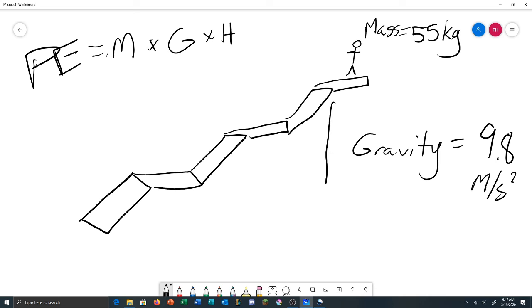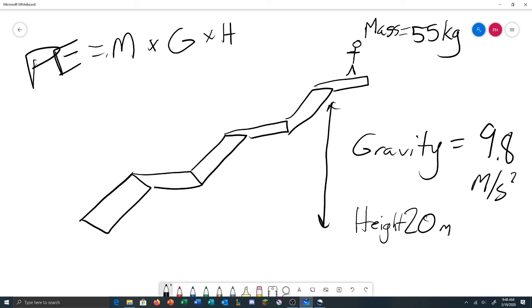Think about it. Height here, let's just say that they're 20 meters off the ground. So 20 meters is about 60-some feet for those of you living in the States. Now, you're 20 meters off the ground as your height. How does that relate to our equation?